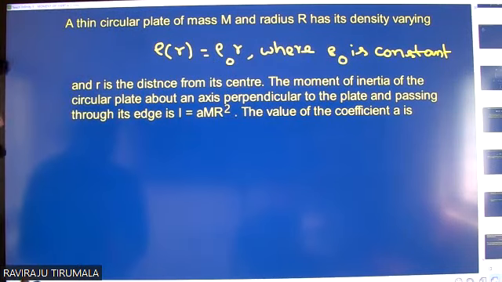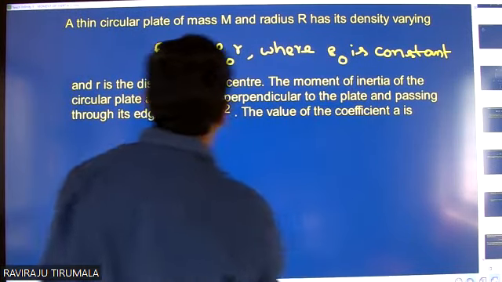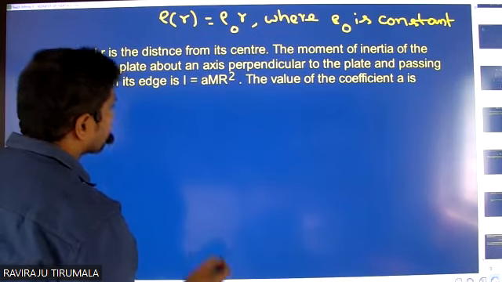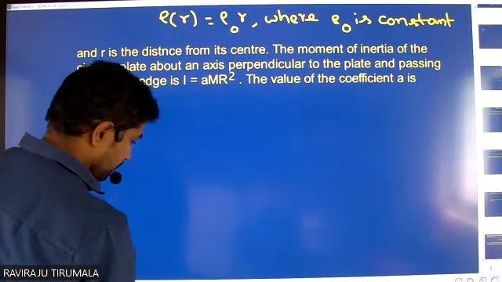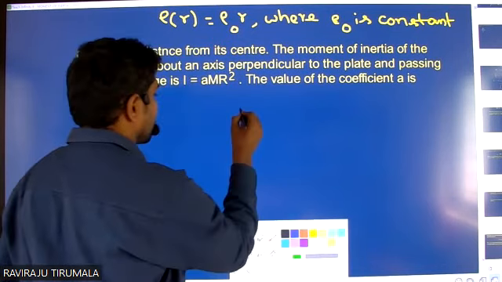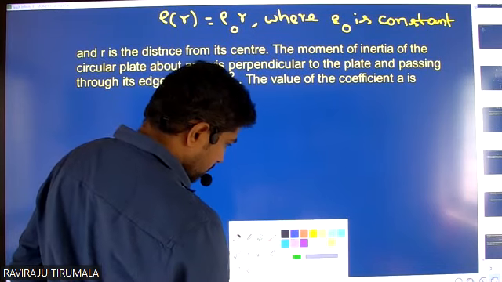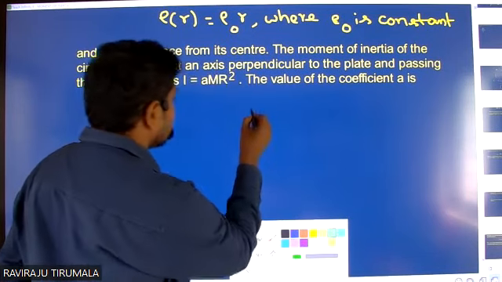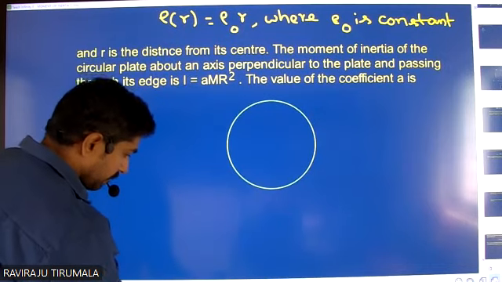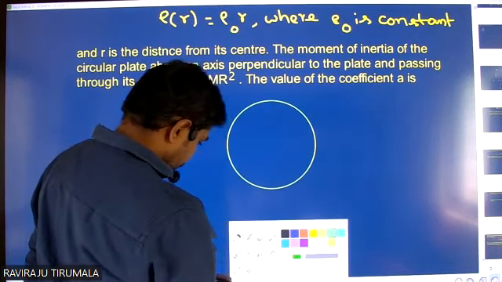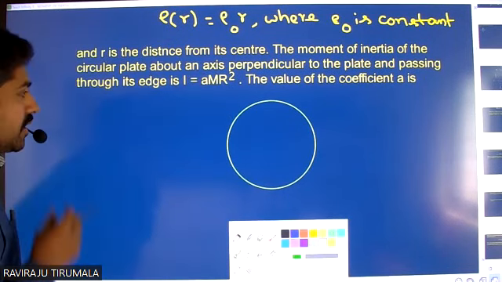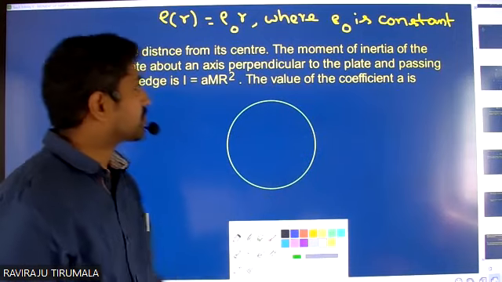So if a particular disc is taken, I will draw the diagram here, and we can see how the density varies. I consider here a small disc only. Okay. And here it is the complete disc plate only.